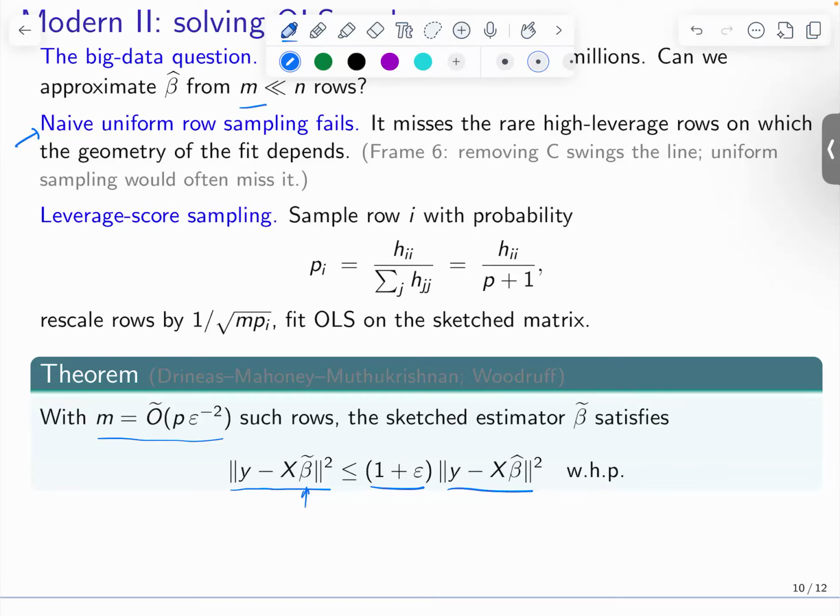So you get within a factor of 1 plus epsilon of the SSE of the true regression.